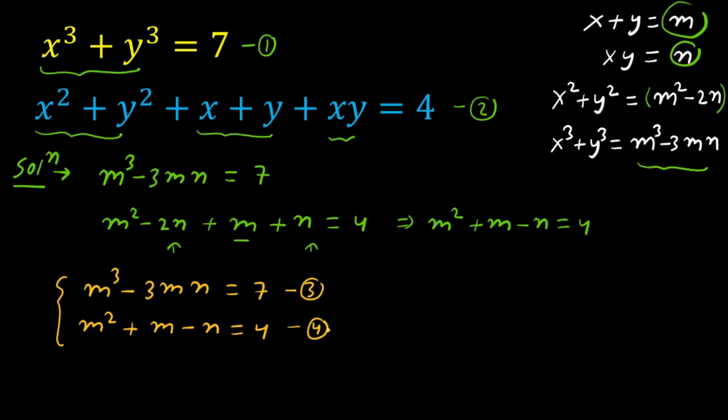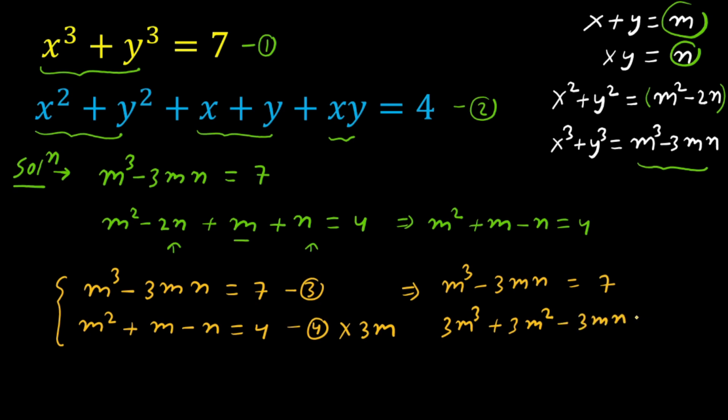If we multiply equation number fourth by 3m, equation number third stays the same, m^3 - 3mn = 7, and equation number fourth becomes 3m^3 + 3m^2 - 3mn = 12m.